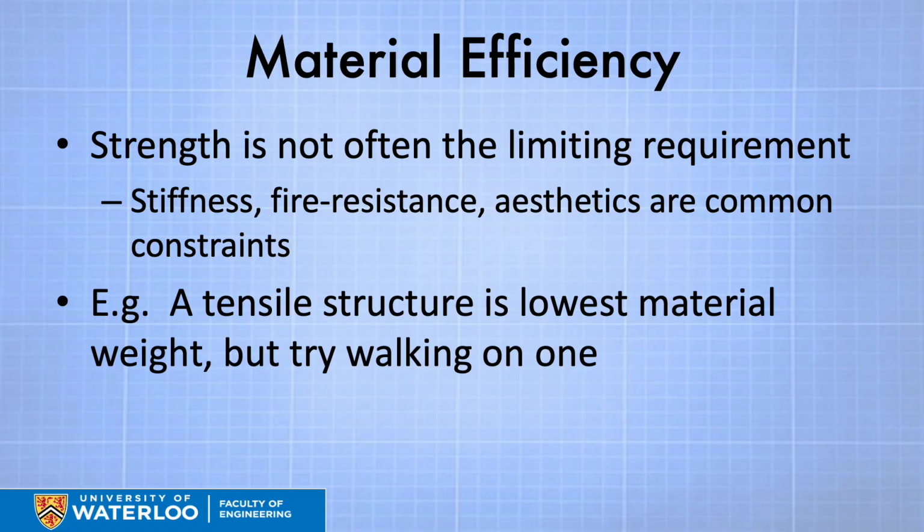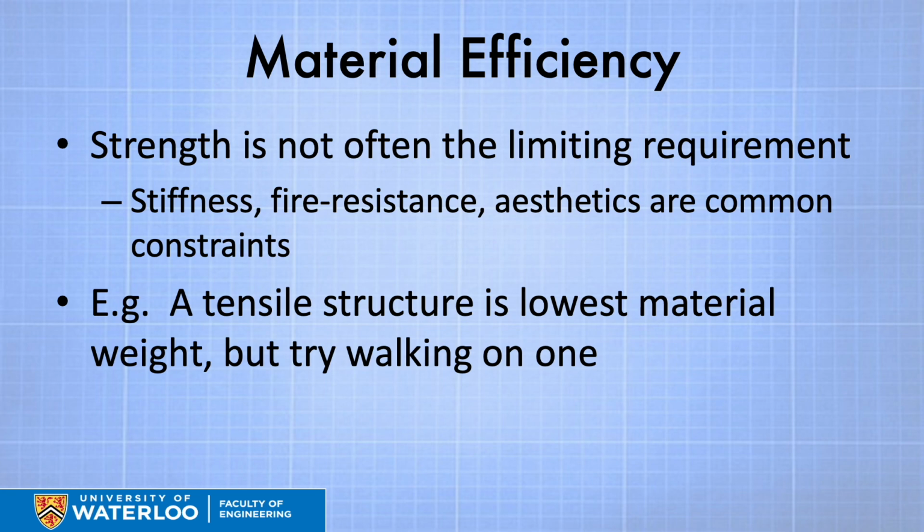So just to recap, when it comes to material efficiency, strength is often not the limiting requirement. It is actually other factors, particularly stiffness or excessive deflection, and other issues like fire resistance, aesthetics, ease of assembly, and so on, which actually govern the final choice of a material shape and often even structural systems.